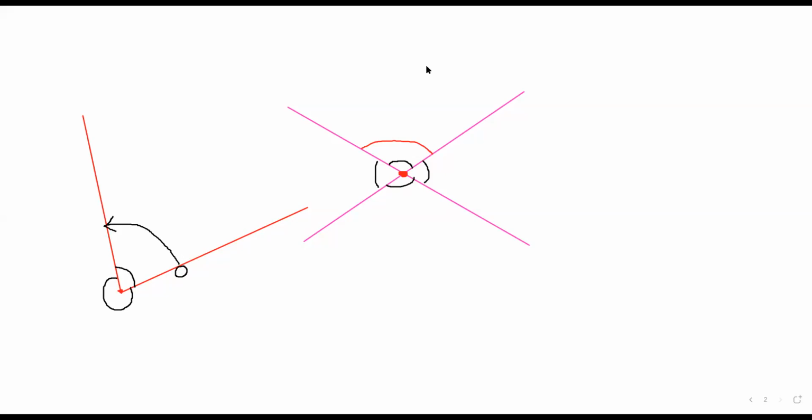But if you want to measure the angle from this upper line clockwise, you will use the outer scale, because it runs from 0 in clockwise direction with increasing angles. Hope that makes sense now.